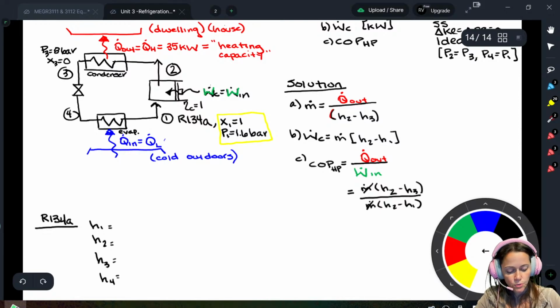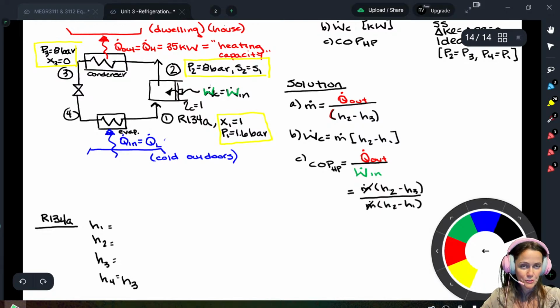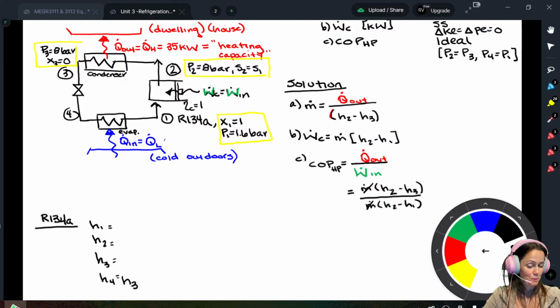At state 2, you know the pressure because it's the same as state 3, and you also know S2 because it's the same as S1. So there are your two independent intensive properties. Here are your two independent intensive properties for state 3. And state 4, it doesn't really matter because it's an isenthalpic throttling process, so you're good there.